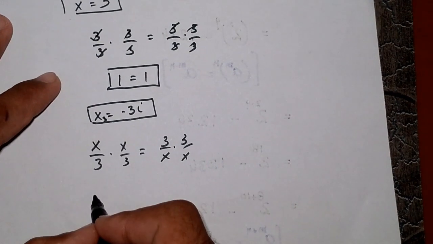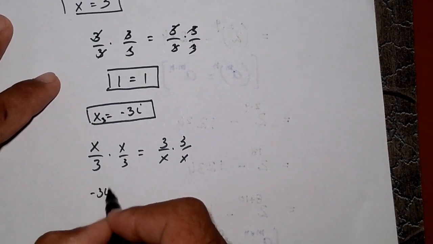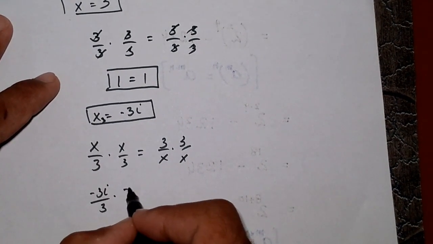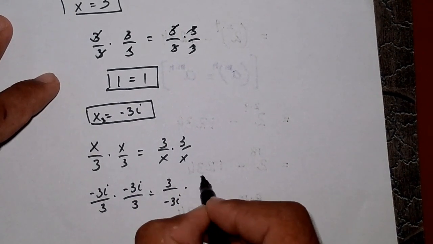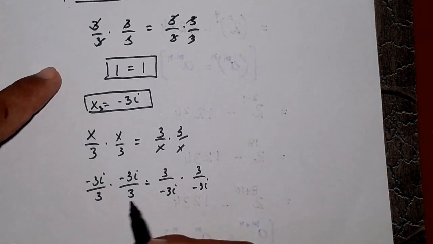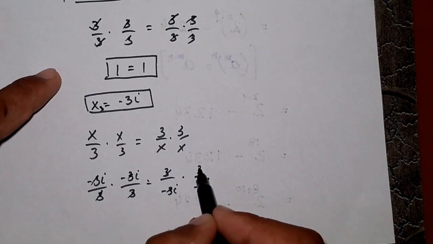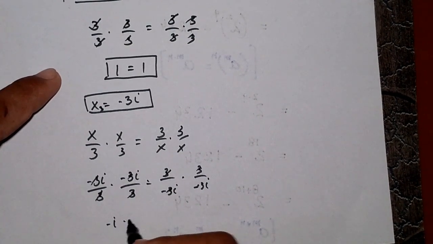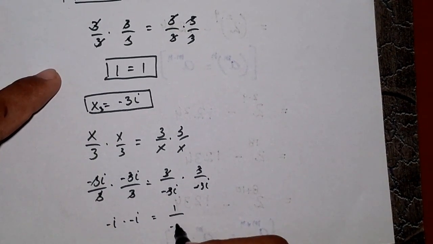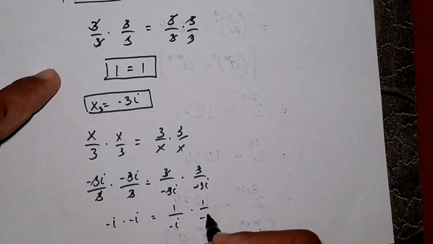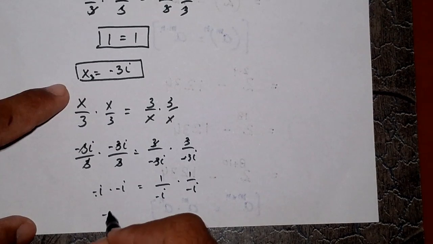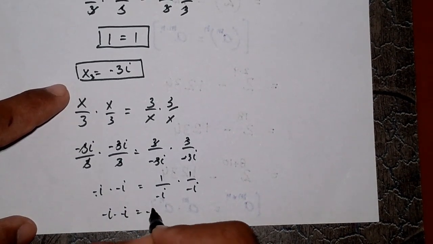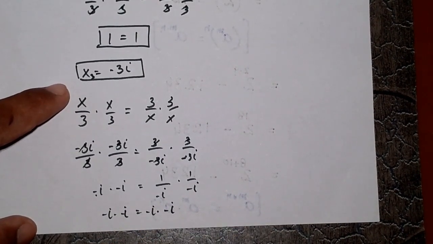So here minus 3i over 3 times minus 3i over 3, which is equal to 3 over minus 3i times 3 over minus 3i. Now this 3 cancels with 3. So here minus i times minus i is equal to 1 over minus i times 1 over minus i. So at last minus i times minus i is equal to minus i times minus i.